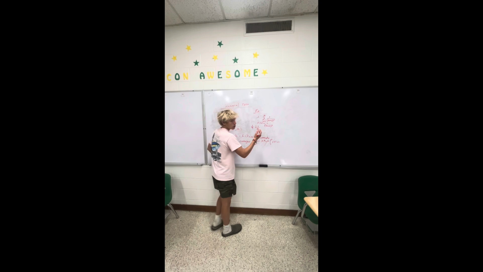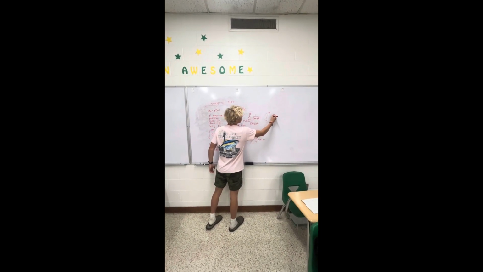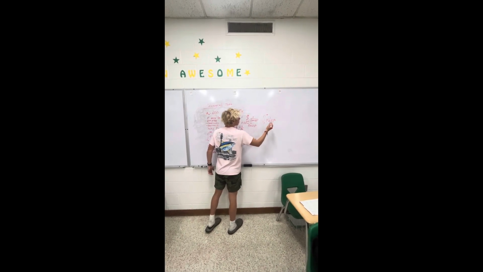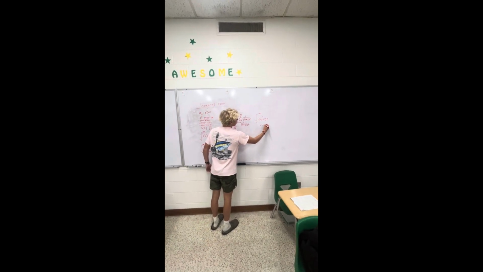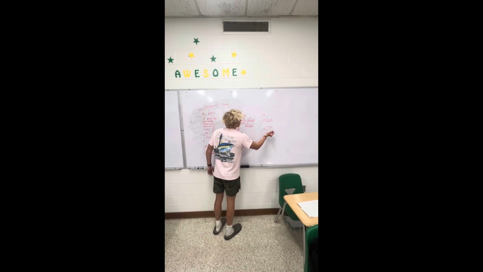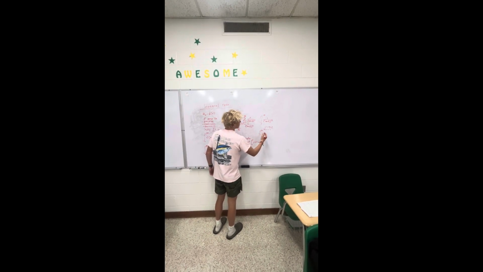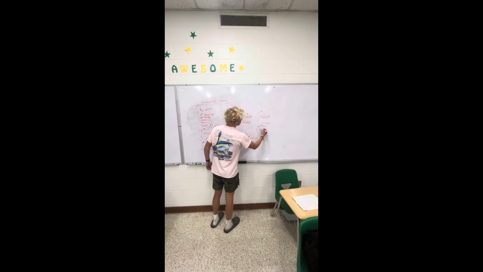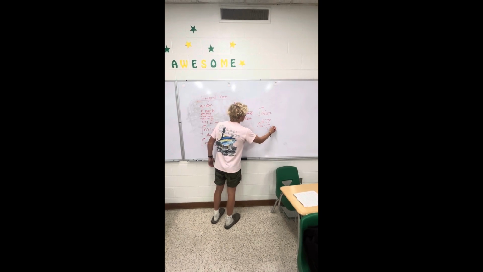So we're just going to take the integral from 1 to infinity of this. This is a u-substitution: u is x plus 2, and du is just dx. So really, this is the integral from 1 to infinity of 1 over u squared, which is the integral of u to the negative 2.